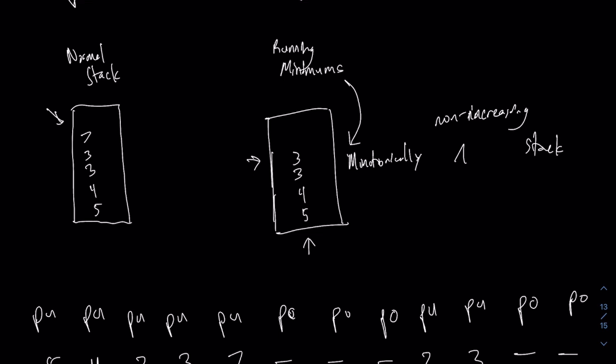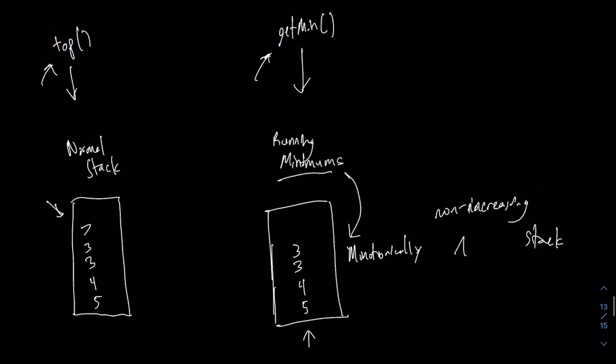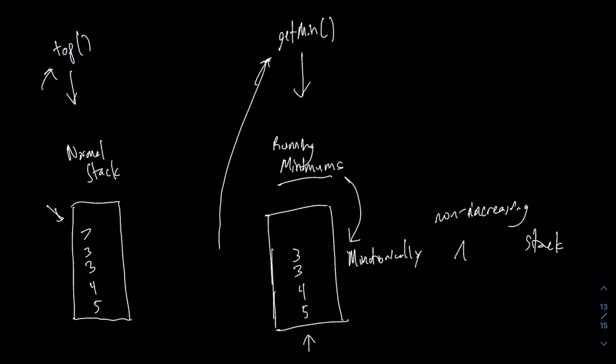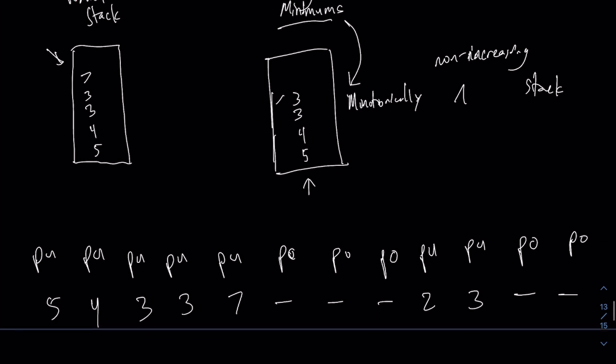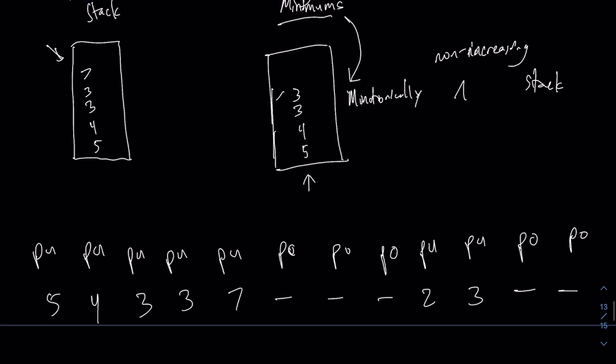So in this stack, the bottom items have to always be bigger than or equal to their adjacent higher item, right? So it needs to have this descending behavior to keep track of running minimums, because every time we call get min, we're just going to be using this top item in our stack, which will represent the smallest item in this current big stack, the actual stack.